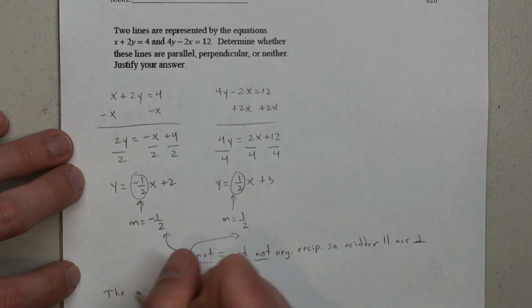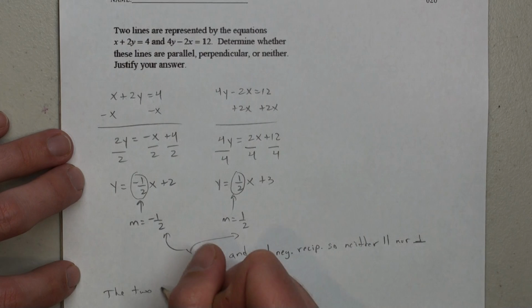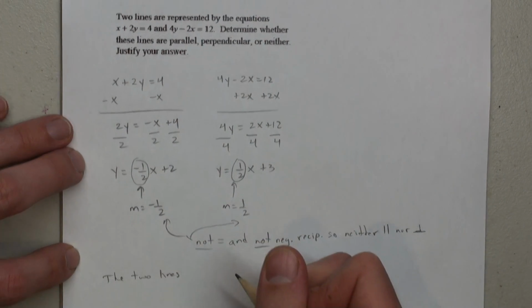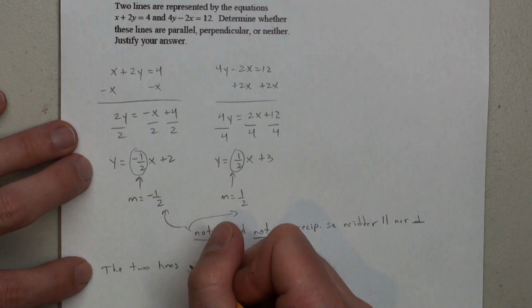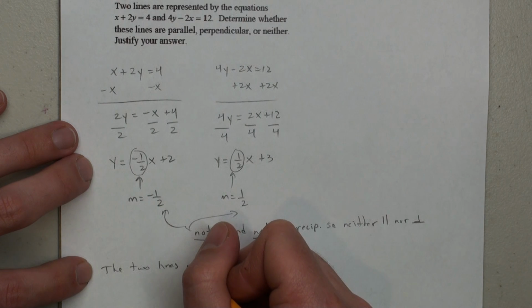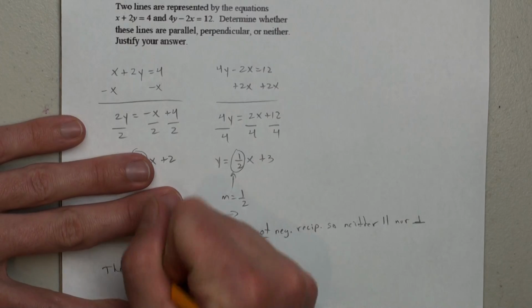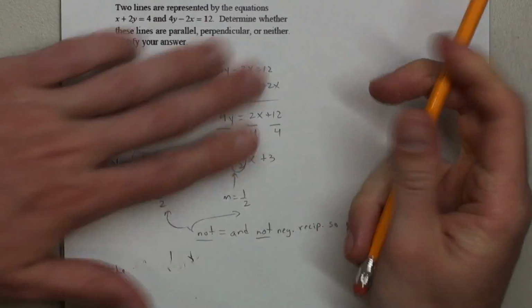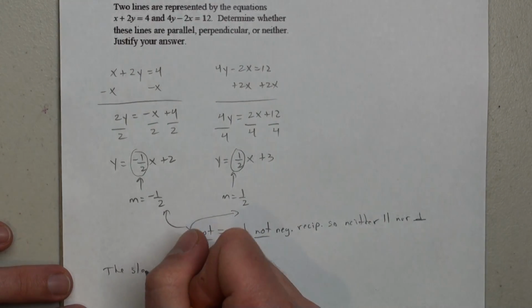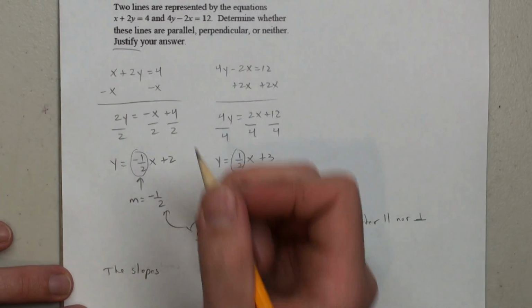So the two lines, these slopes we're justifying now.